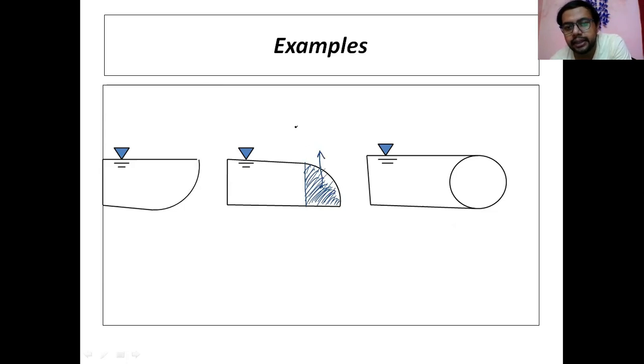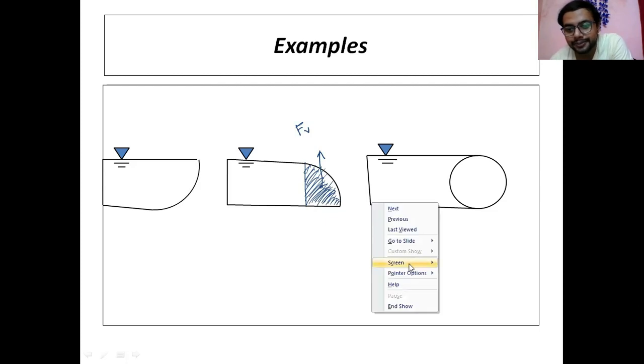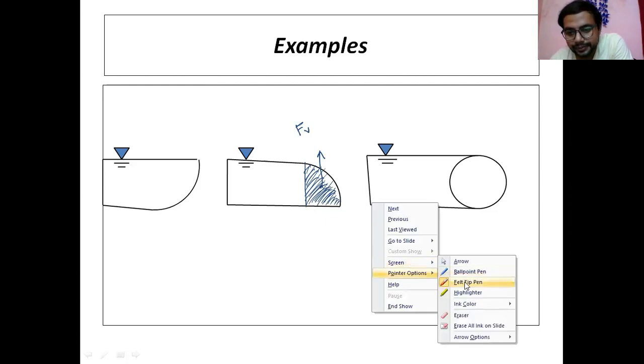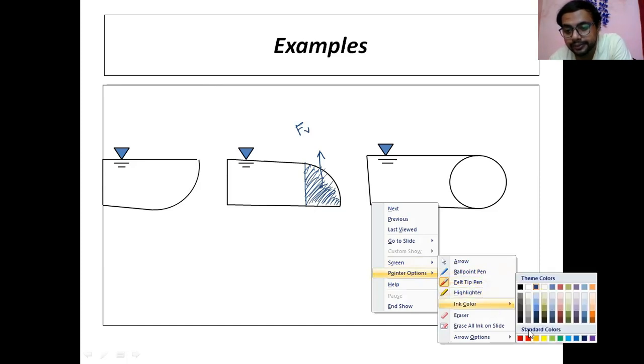And that's why the net force, the fluid force, is upward. From the pressure also you can understand that the net force will always be upward in this case. Here, half the portion is upward and half the portion is downward. This is the most interesting problem you will see.